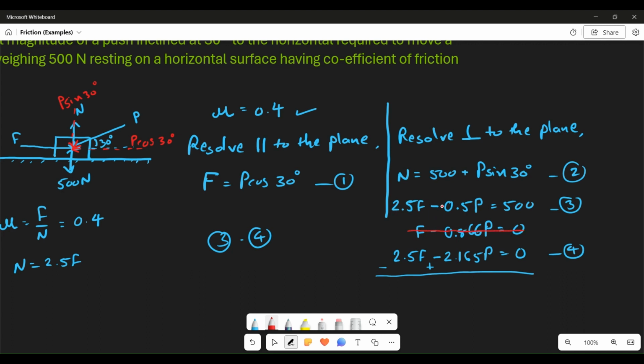You are subtracting equation 4 from equation 3. So 2.5 f minus 2.5 f is 0. Here you will get minus 0.5 and plus 2.165. So net you get 1.665 p is equal to 500 minus 0, that is 500.